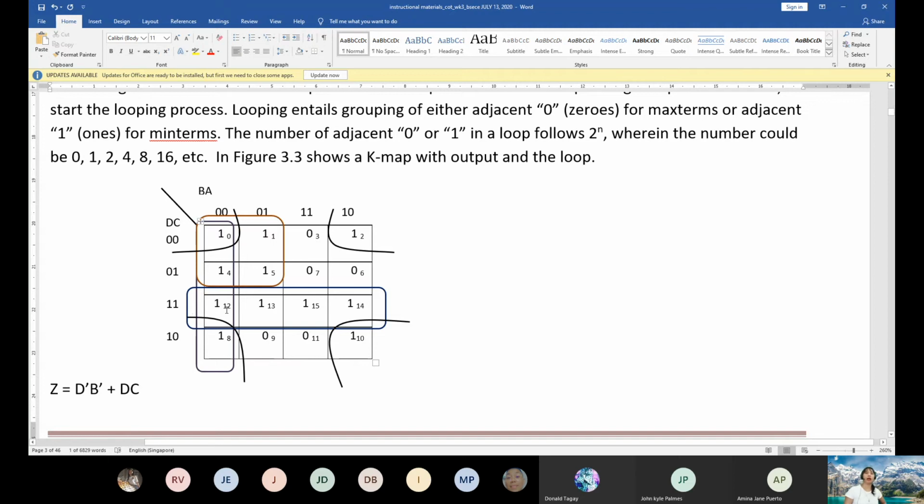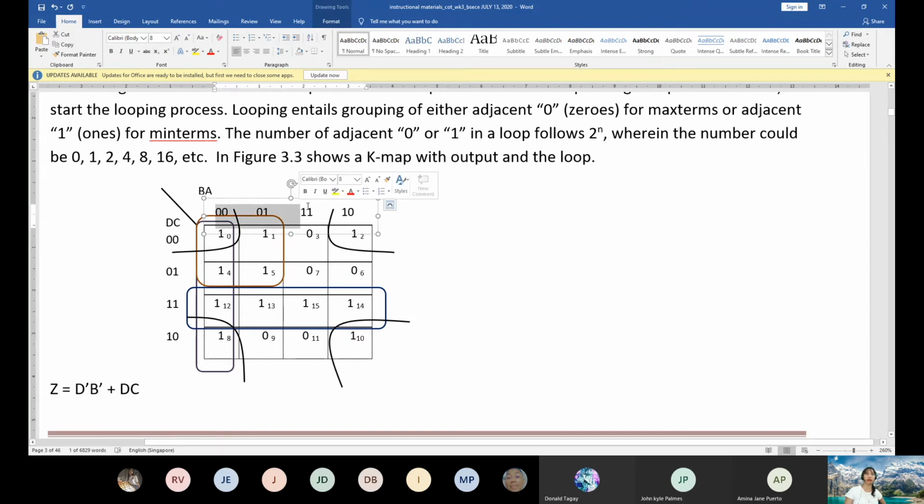How about with respect to the BA inputs? 1, 2, 3, 4. It encompasses 4 values also for BA: 0, 0, 0, 1, 1, 1, and 1, 0.